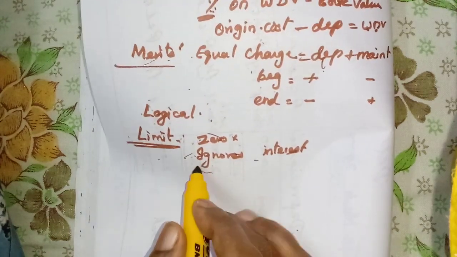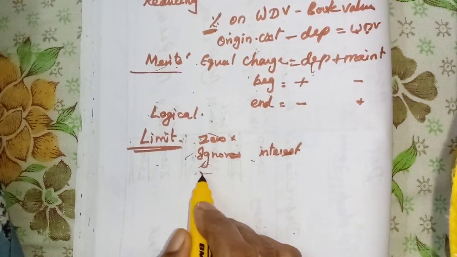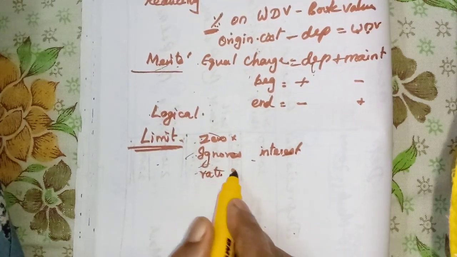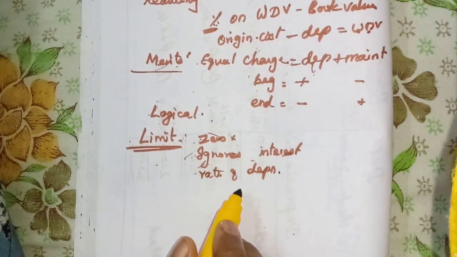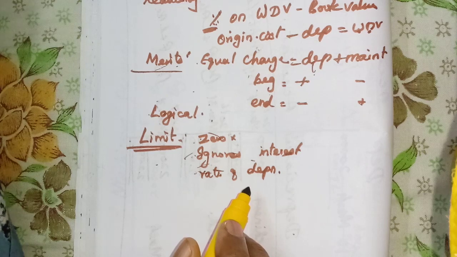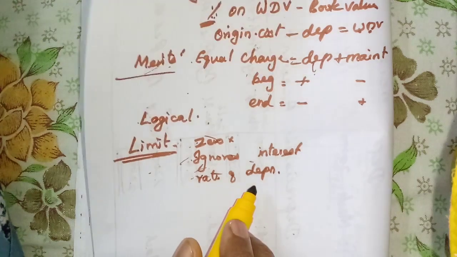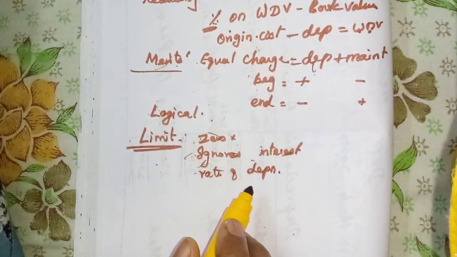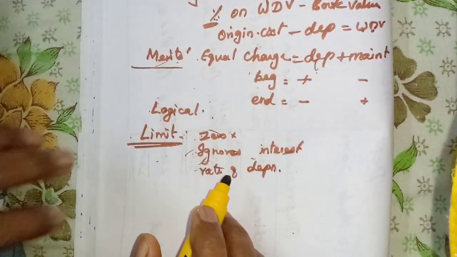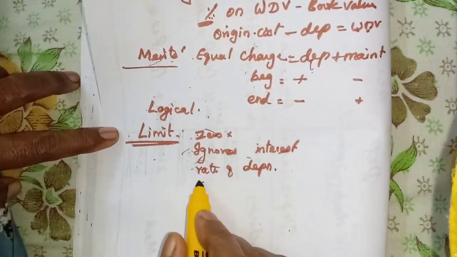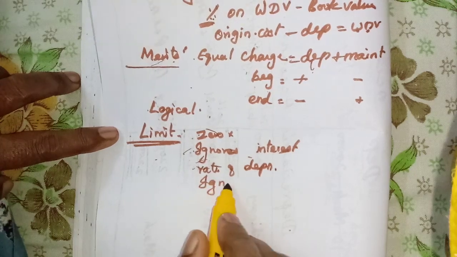Then here it is very difficult to determine the rate of depreciation. In the straight line method, we can calculate very easily, isn't it? Rate of depreciation is equal to amount of depreciation divided by original cost into 100. But here it is very difficult to calculate the rate of depreciation. And again it ignores the actual use of the asset.